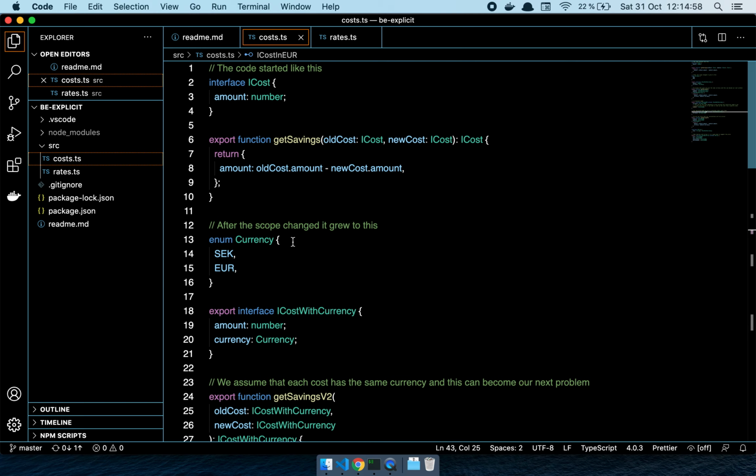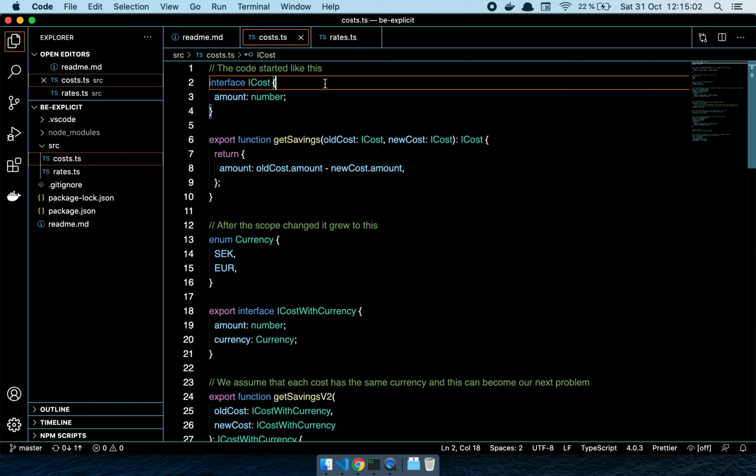And the person who had implemented that had created an interface for storing the cost of a product, like this. Since we're working in Sweden, we know that the best currency in the world is the crown, which is our currency.